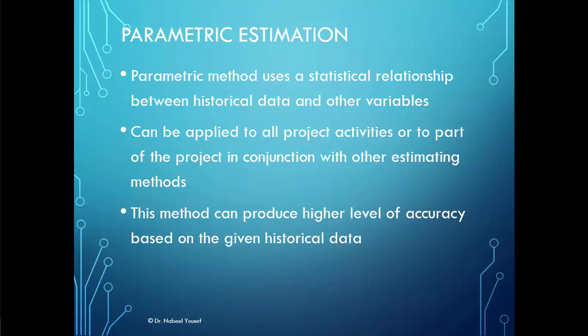So $5 times 90 linear feet will be $450. So what we did, we used the historical data of the cost of 1 linear foot to calculate the new wire installed in the new project. This is based on the parametric method calculation.